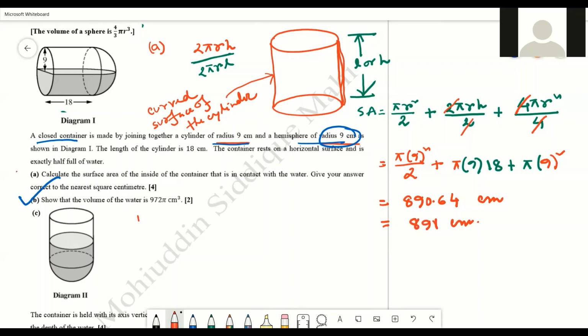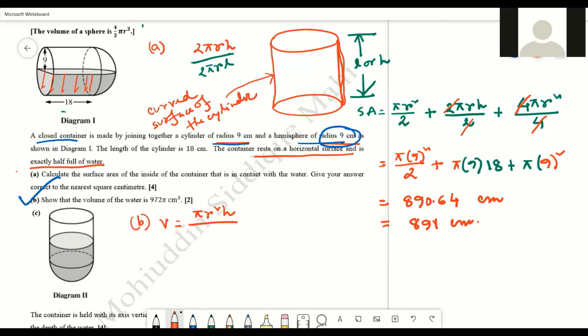So the volume will be, now what's the volume of a cylinder? The volume of the cylinder is pi r square h, or pi r square L. In the question, it's already mentioned that the container rests on a horizontal surface and is exactly half full of water.